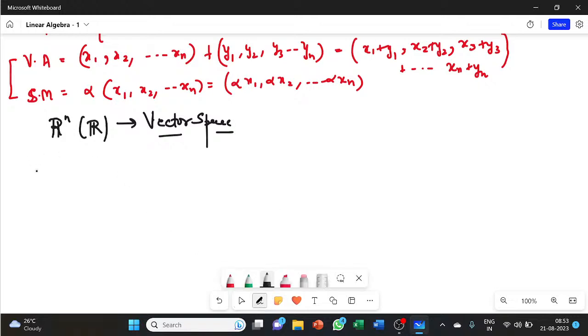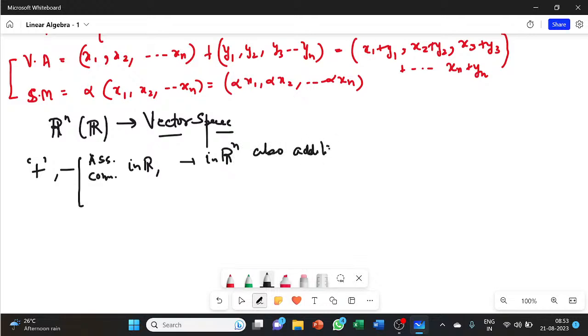It's quite easy to see that addition is associative. Addition is commutative in R, so indeed in Rn also it will remain the same. This is something that you can do on your own, so I'm not doing it. Addition is associative and commutative.